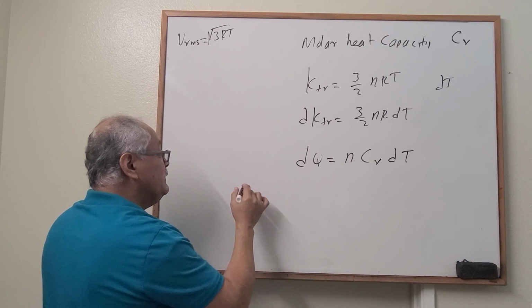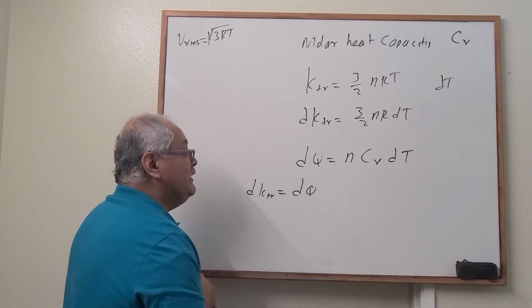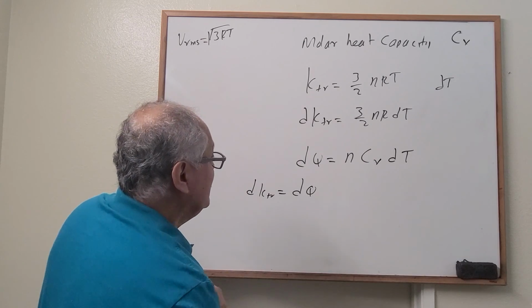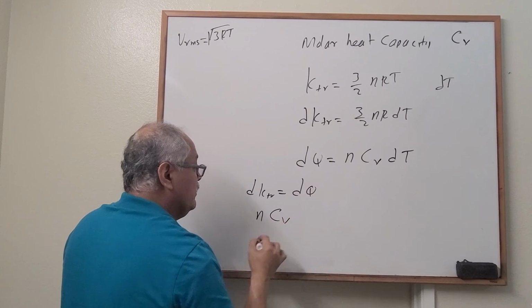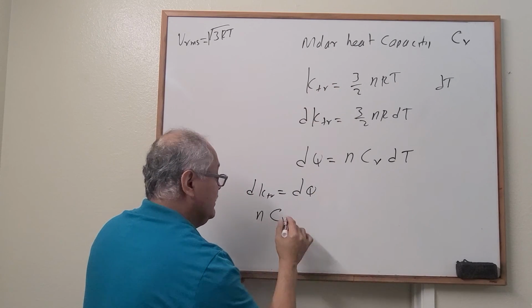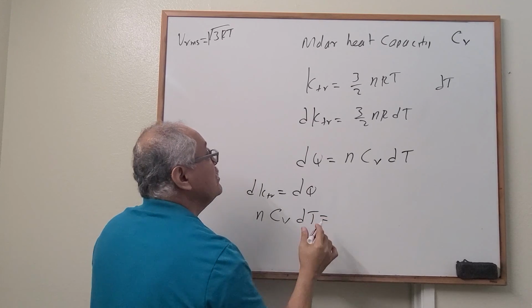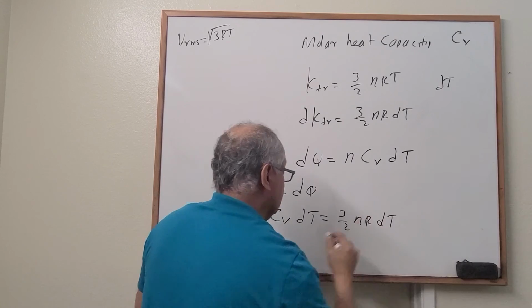So this translational amount equals this amount of heat. Then when we compare these two equations, more specifically the molar heat capacity times dT is equal to 3/2 R dT.